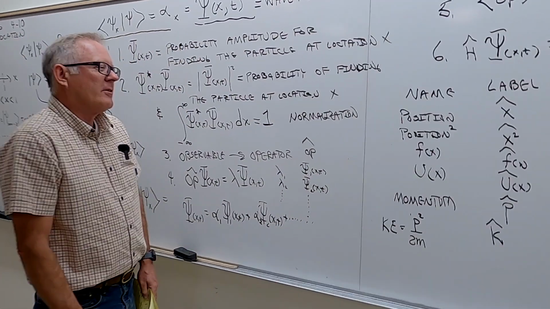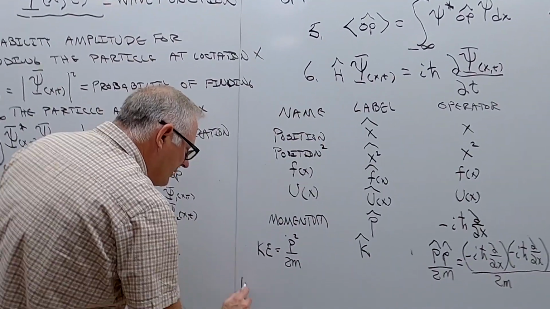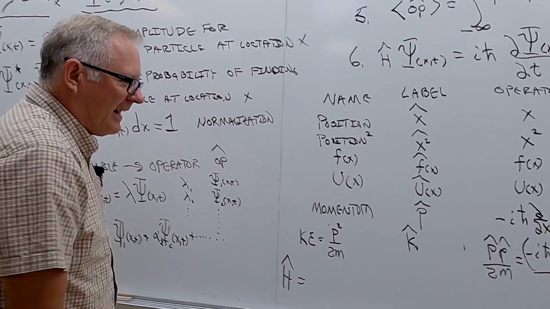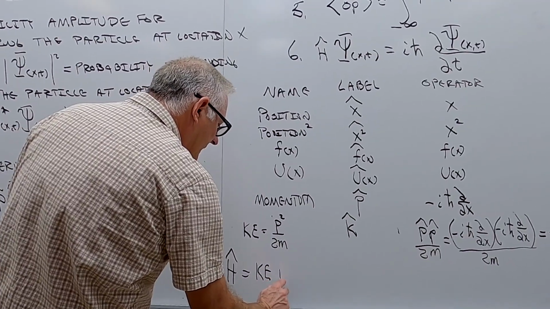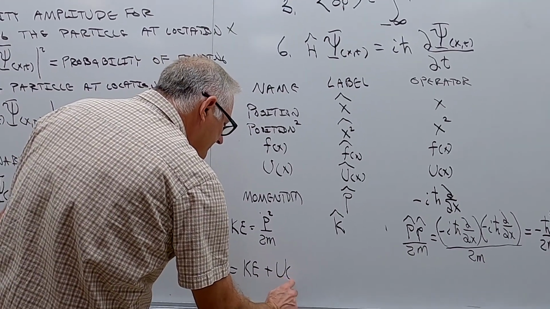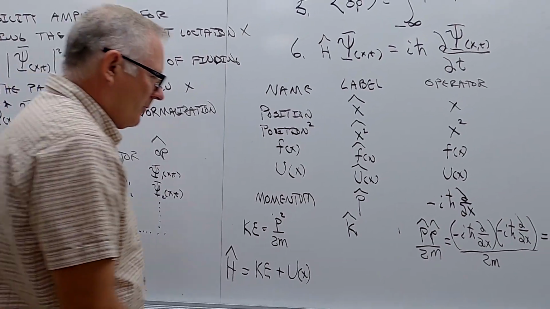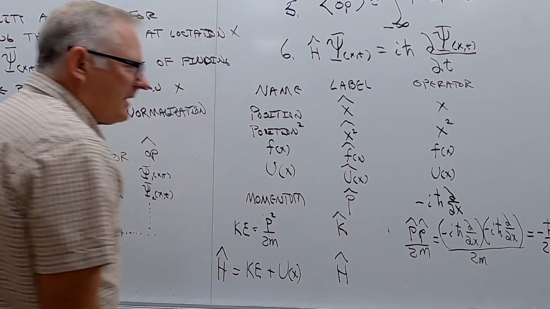Okay, what about the total energy? We need it because that's what H is. H is the total energy, and all we have is kinetic and potential, so it's just the kinetic energy plus the potential energy. So we'll just use the letter H for it. And what's the operator going to be?